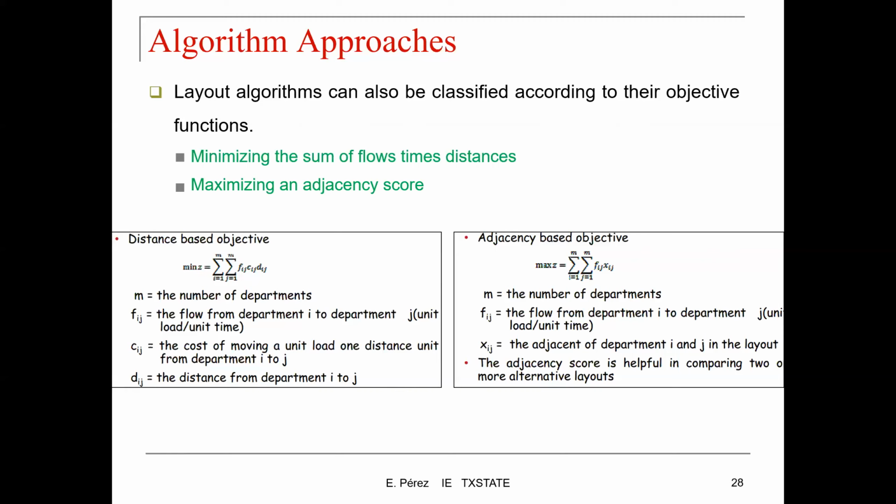So you are going to quantify the flow from department I to department J, and then you want to make sure that the adjacency of department I and J is maximized, so you're placing those departments as close as possible.